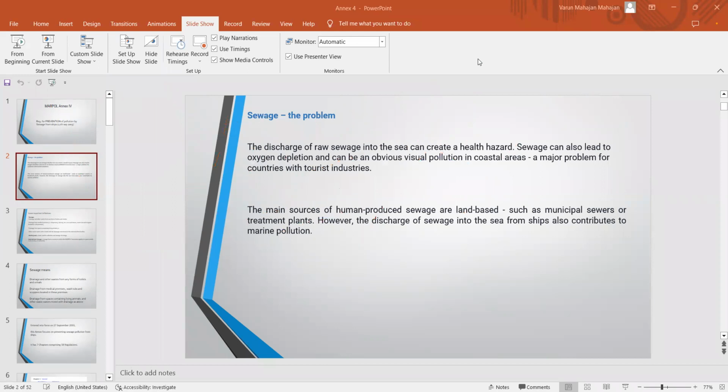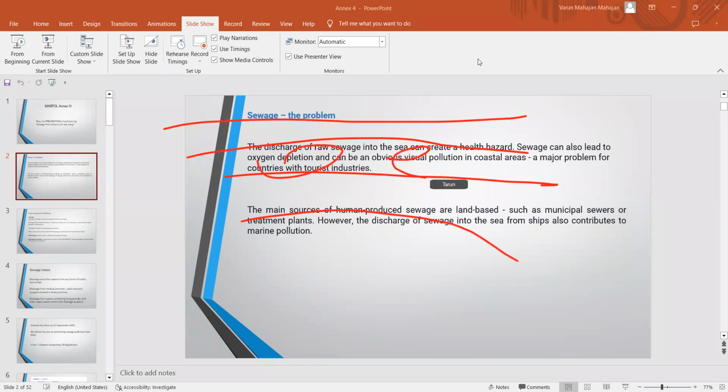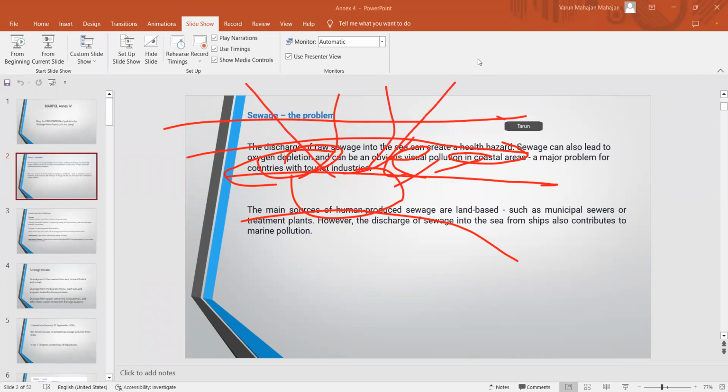So when we dispose of sewage into the sea, what happens? Because there is oxygen in the atmosphere and in the water also, the sewage consumes the oxygen. So species living in this area will be badly affected because they will not get oxygen. They will create an oxygen depletion zone.